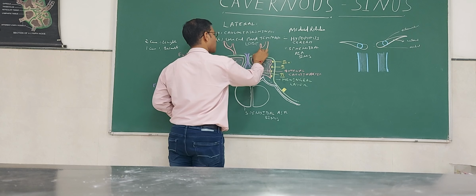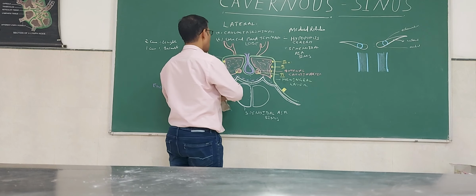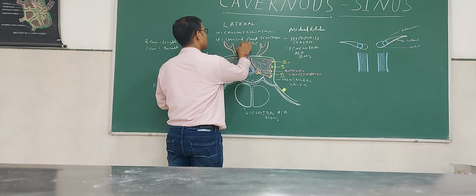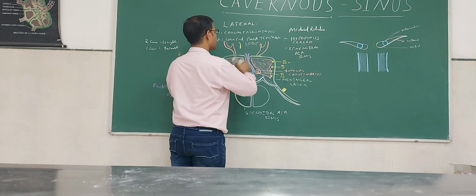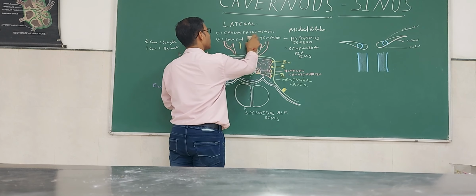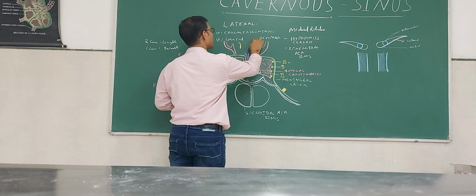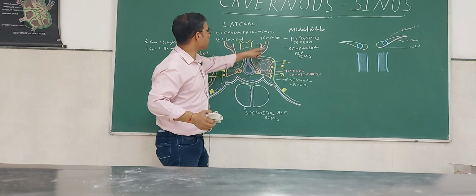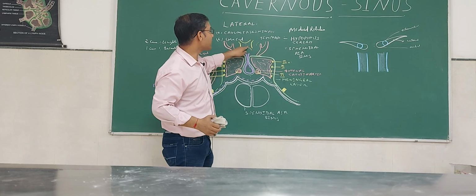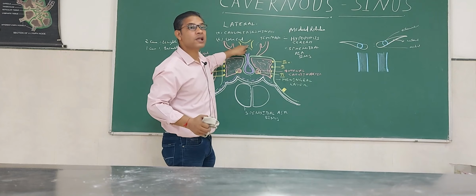Plus there is the optic tract, and the optic chiasma is present there. So two structures: one is the internal carotid artery as well as the optic chiasma.